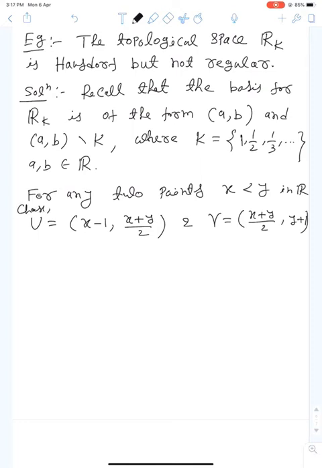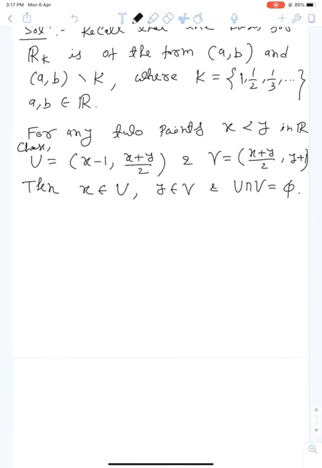Then x belongs to U, y belongs to V, and U intersection V is empty. So RK is Hausdorff.